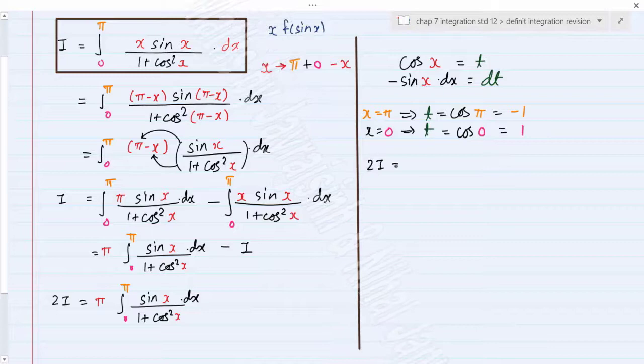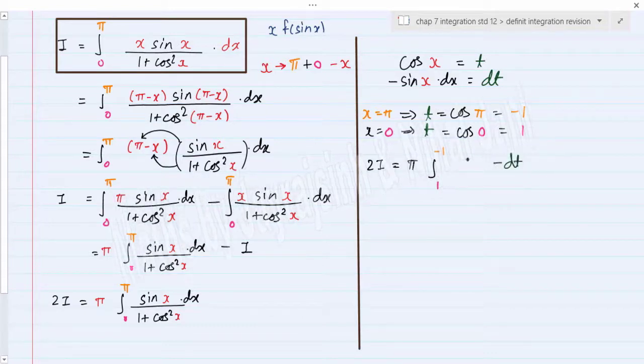So our 2I will be pi as it is, integration, limits will change from 1 to minus 1, and sin x dx will become minus dt, and 1 upon 1 plus cos square x will become 1 upon 1 plus t square.